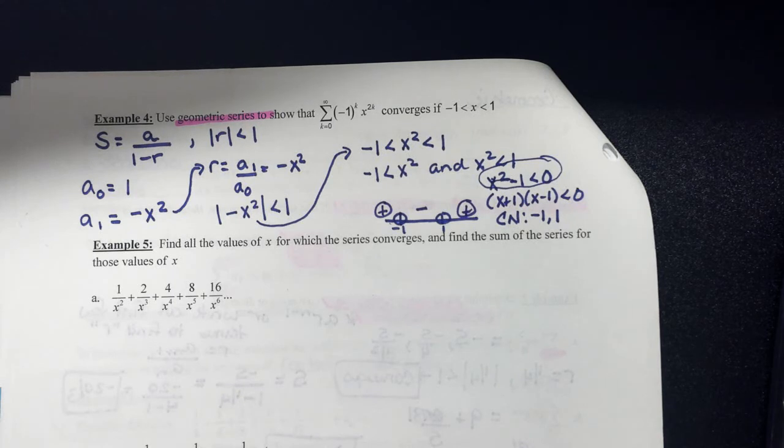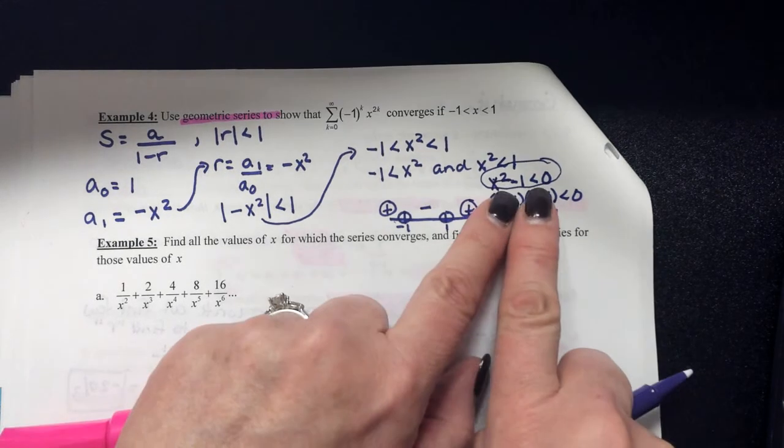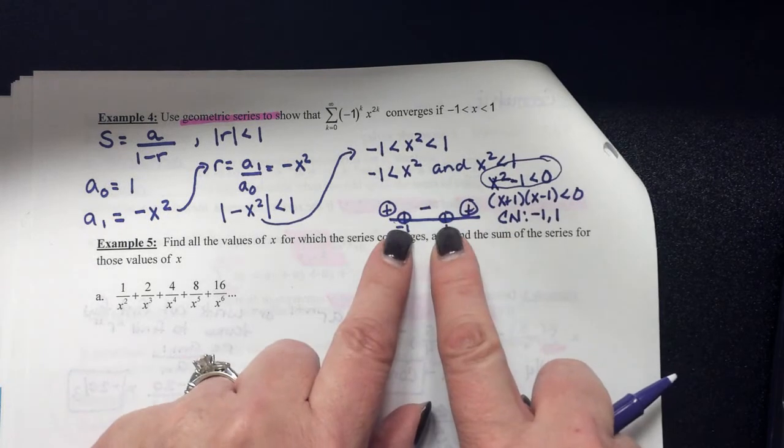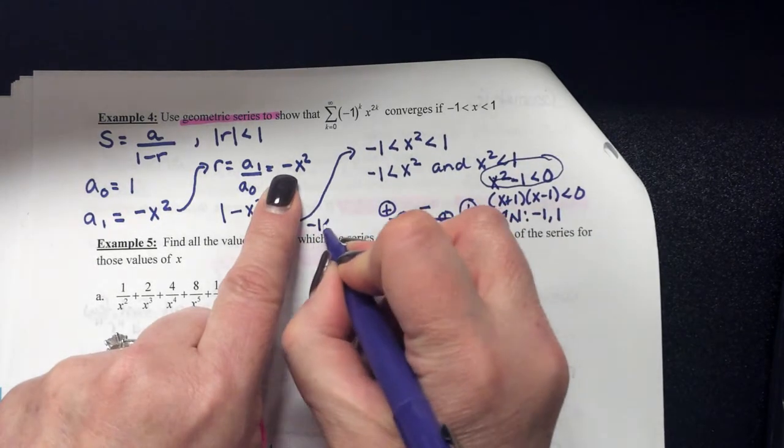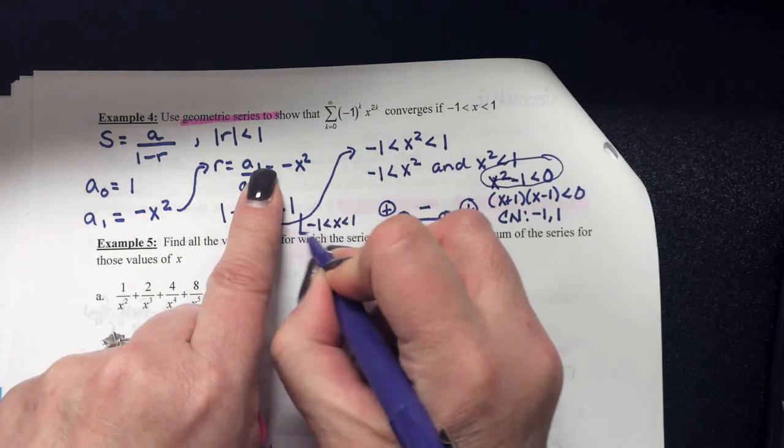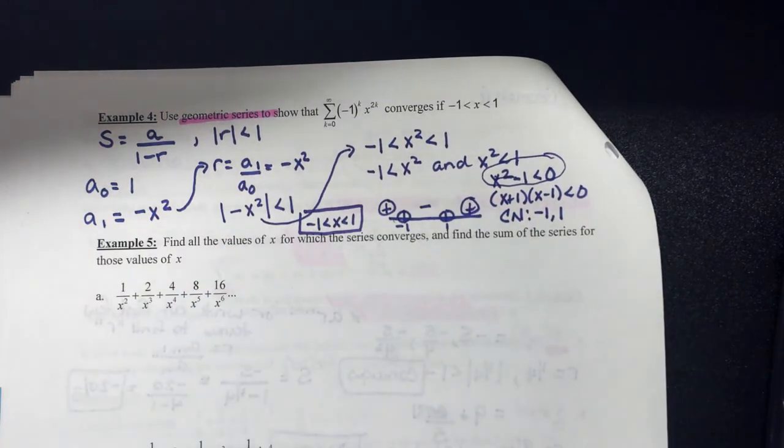So again, notice that the only place where x squared minus 1 is less than 0, where it's negative, is between -1 and 1. So I know that -1 less than x less than 1 is where this is going to converge. Okay? So any questions on that one?